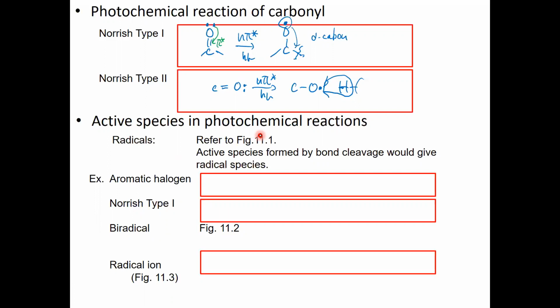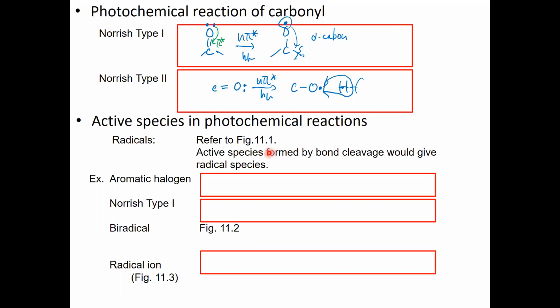For radical species, you cannot easily predict whether the radical has a reducing ability or an oxidation ability, so it's a bit difficult to estimate what kind of reactions happen for each radical species.